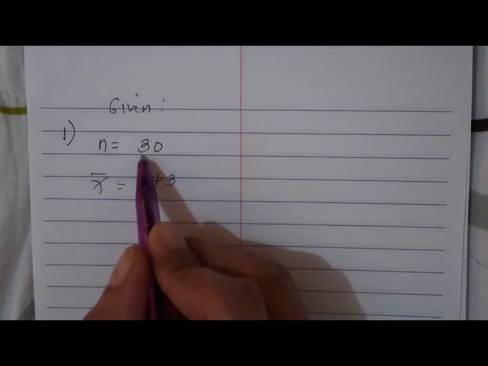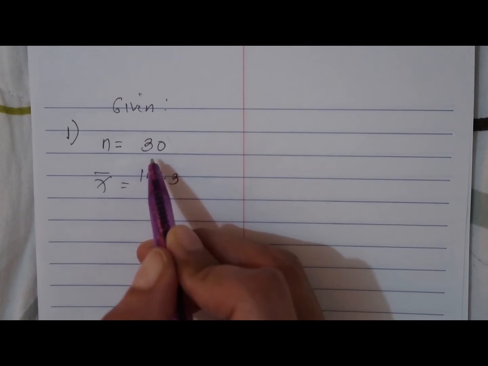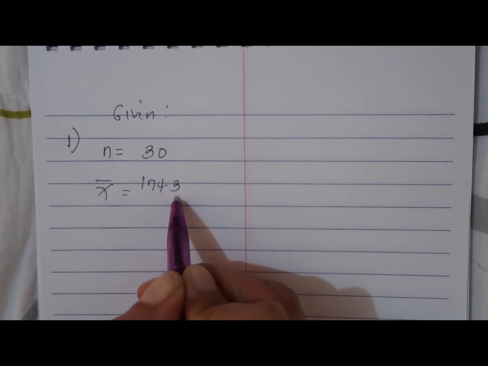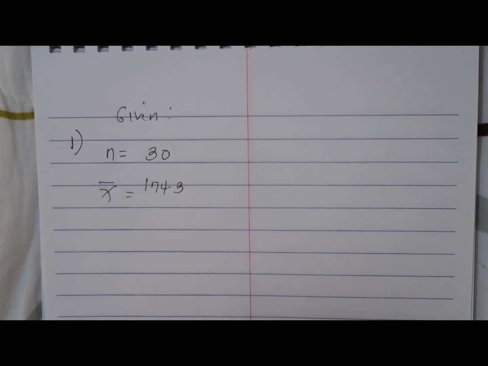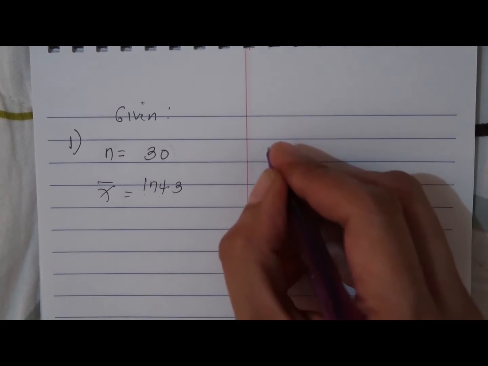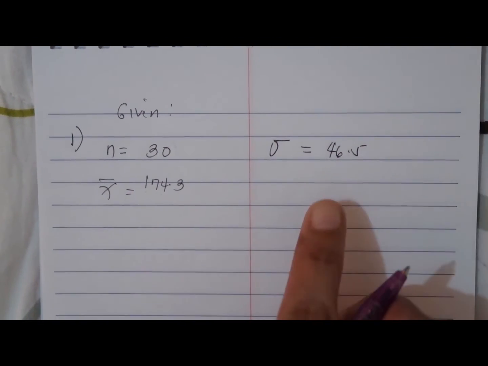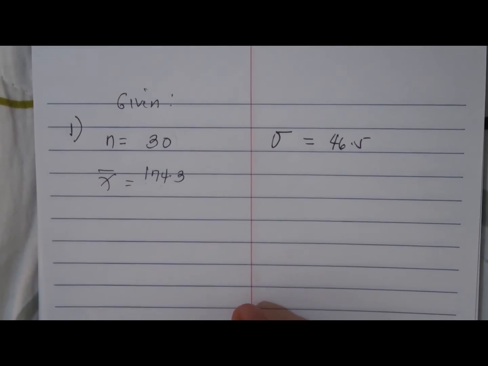The given mean is obviously from a sample, so 174.3 is your sample mean. Next, assuming that the population standard deviation is equal to 46.5, that is your population standard deviation because it's already given in the problem.